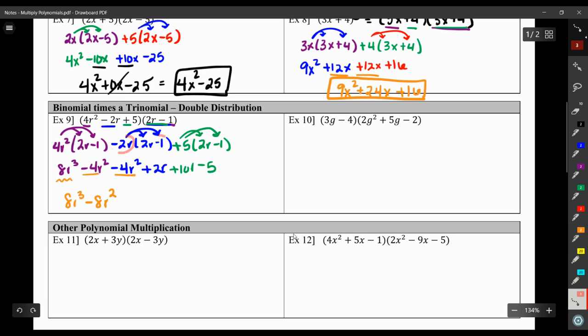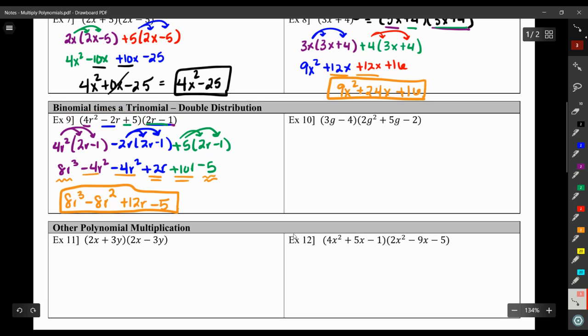Negative 2r times negative 1 is a positive 2r. So 2r plus 10r is 12r. And then this negative 5 here does not have a like term. So negative 5 will just drop. So this is the multiplication of the polynomials from the top, the trinomial times the binomial.